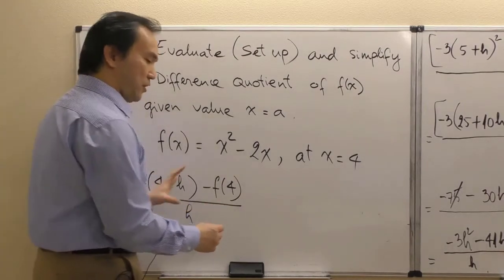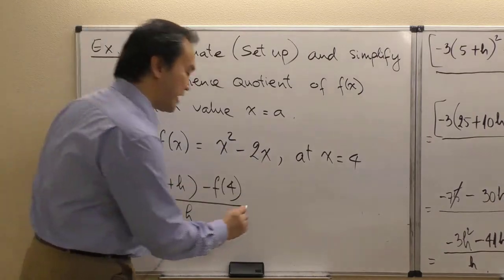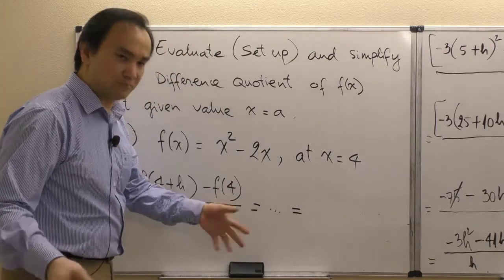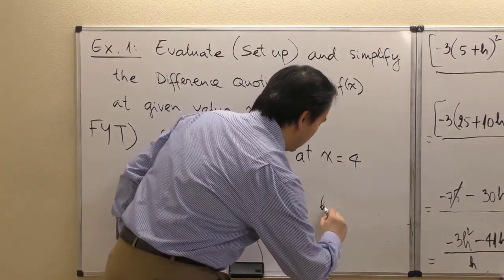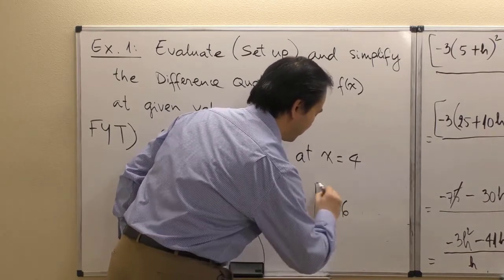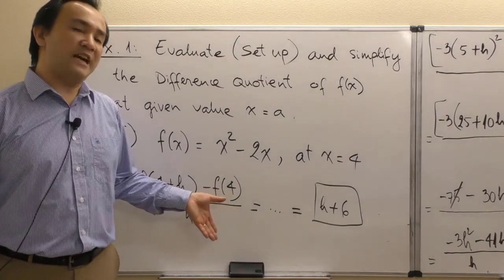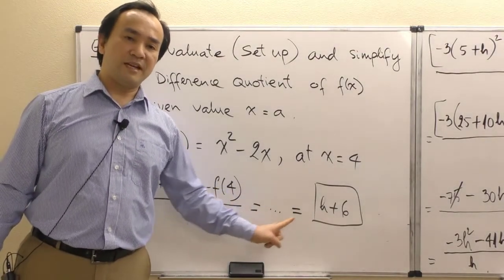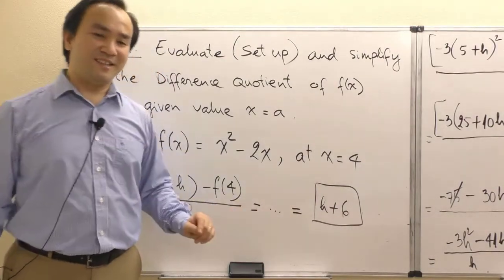And now supposedly you already had your setting up successfully done. So after some steps, everyone can take their own different steps, your final answer here should be h plus 6. Okay. And so feel free to contact me for clarification of any of the steps that you have taken between these two equal signs here. Okay.